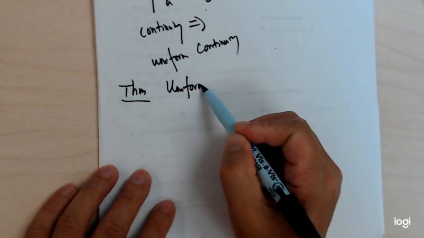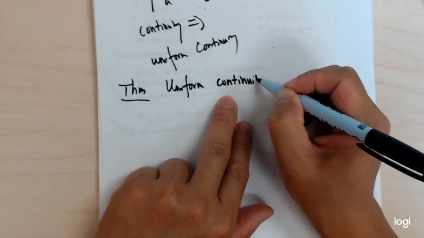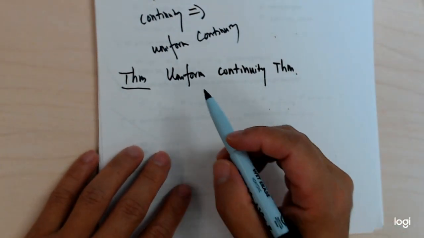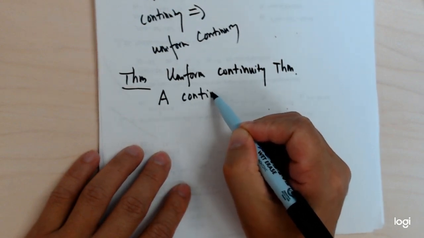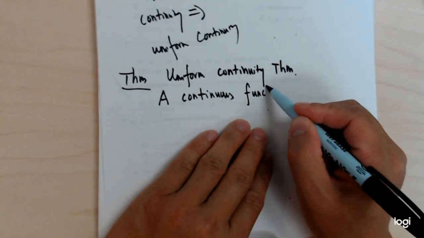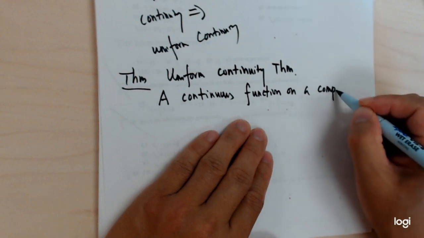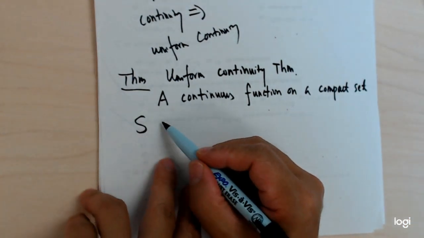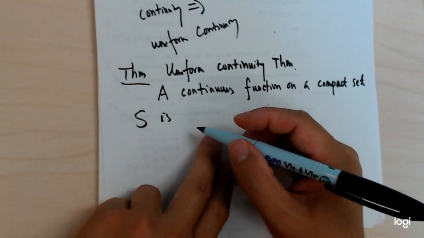We call this the uniform continuity theorem. It goes simply like this: any continuous function on a compact set is uniformly continuous.